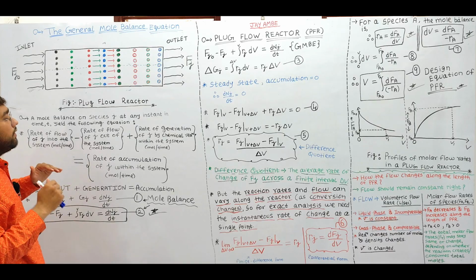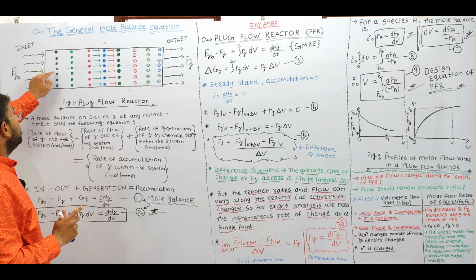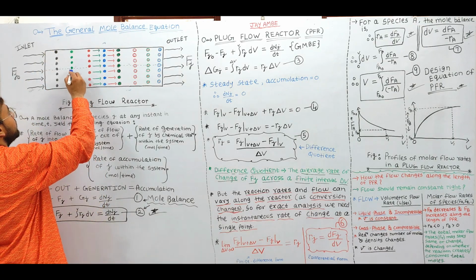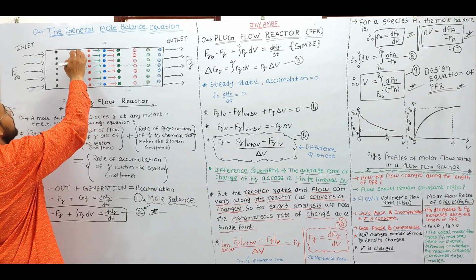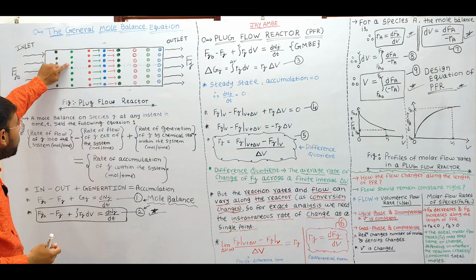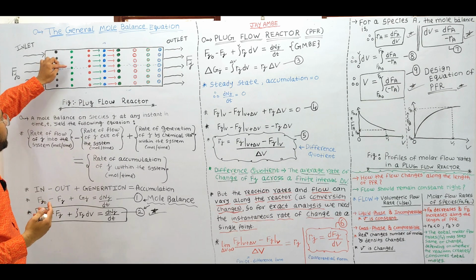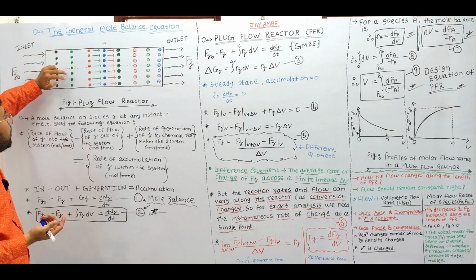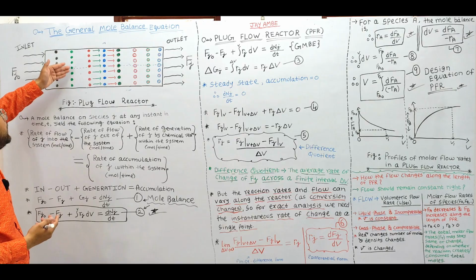But there will be uniform mixing in the radial direction, right? So, for example, this molecule can mix with the third molecule, or this molecule can mix with these molecules, or this molecule can even mix with this one, and vice versa. All molecules can mix with each other.